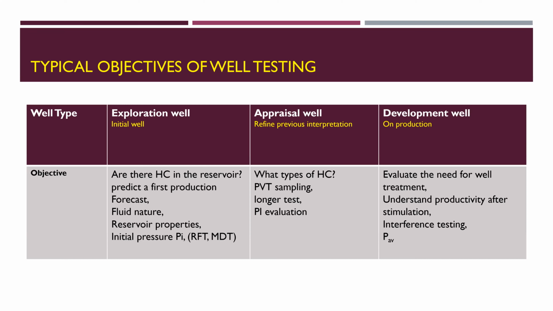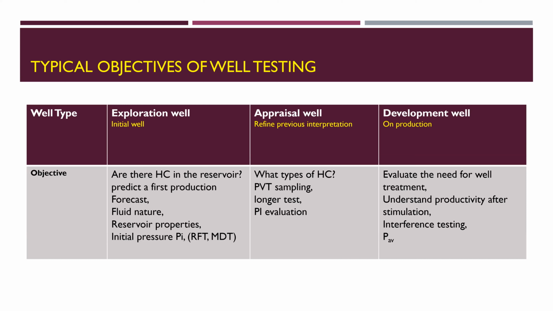The test can be longer than the first test, and the productivity index can be evaluated in a proper way. The last one is development wells, which are already on production, and we perform this sort of test just to double check if we have performed acidization or fracturing or whatever. We can analyze the impact of this remedial job and compare the previous productivity index with the new productivity index.